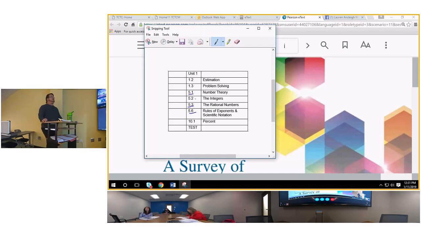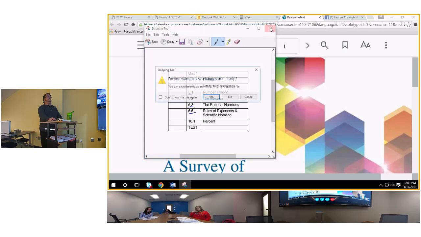And 10.1 is probably 10%, and 1.2 and 1.3 probably 10%. So most of your problems are going to come from 5.1, 5.3, and 5.6. You could add 5.2 in there if you wanted to. All right, so with that being said, we're going to go to 1.2 and 1.3.